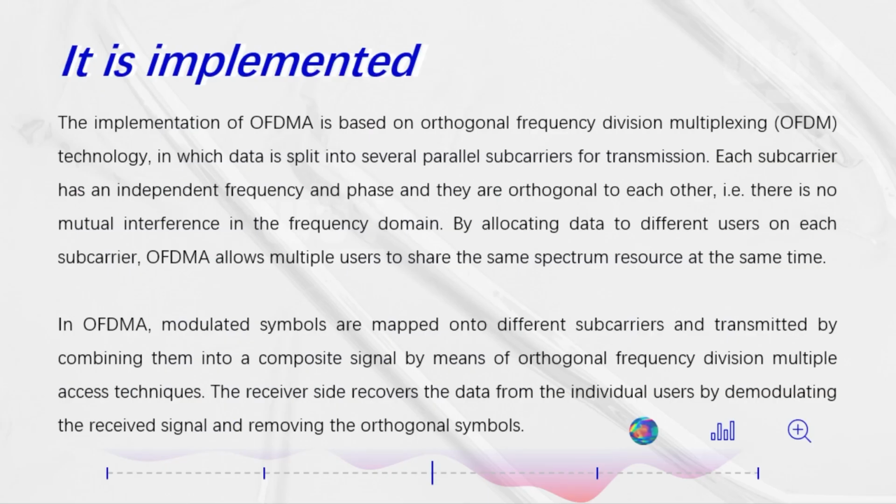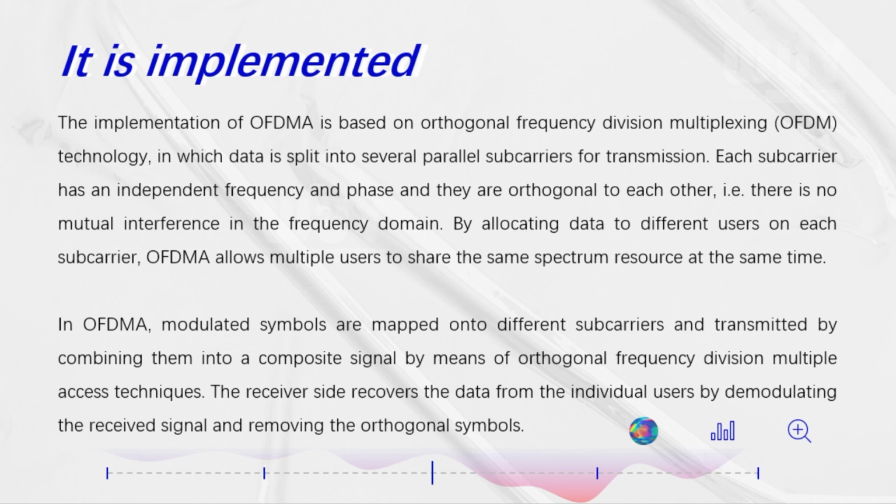The implementation of OFDMA is based on OFDM technology, in which data is split into several parallel subcarriers for transmission. Each subcarrier has an independent frequency and phase, and they are orthogonal to each other. For example, there is no multiple access interference in the frequency domain by allocating data to different users on each subcarrier.